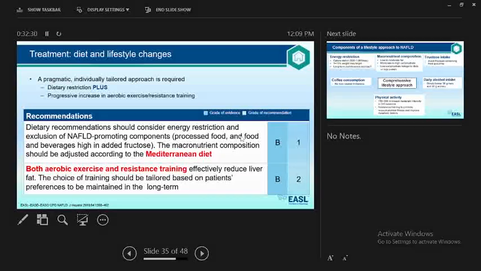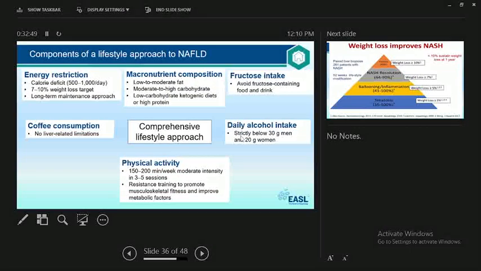Dietary recommendations should consider energy restriction and exclusion of NAFLD-promoting components like processed food and beverages high in added fructose, and macronutrient composition should be adjusted according to the Mediterranean diet. Both aerobic and resistance exercises are going to be effective in the management of NAFLD and steatosis.